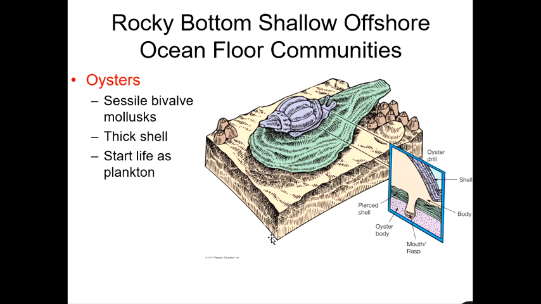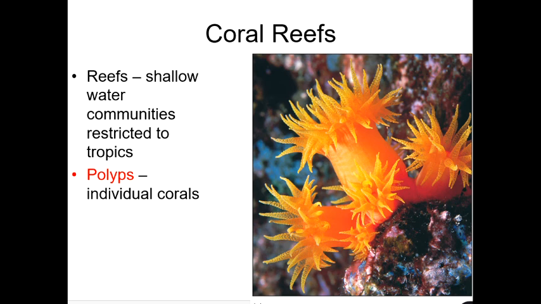Oysters can be so abundant that they literally will cement themselves all together. That's their lifestyle, and they form a rocky bottom in succession that then allows all kinds of other creatures like these barnacles, this oyster drill snail, to come along and live there as well. A unique community in this bottom.